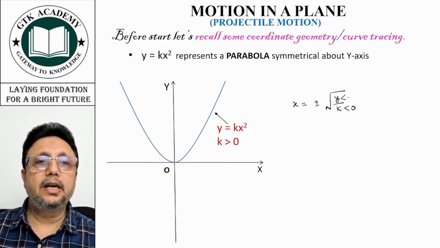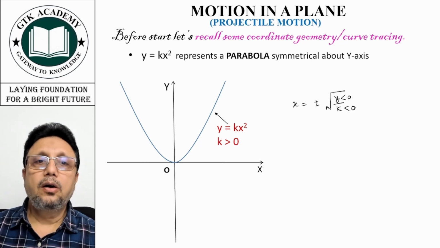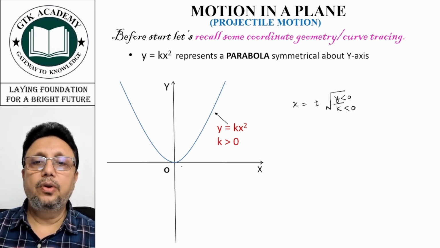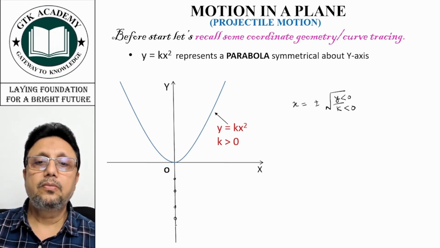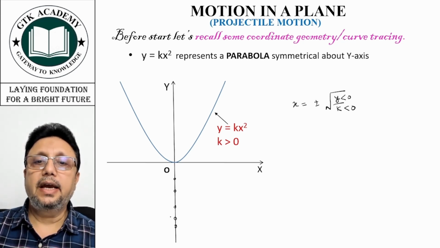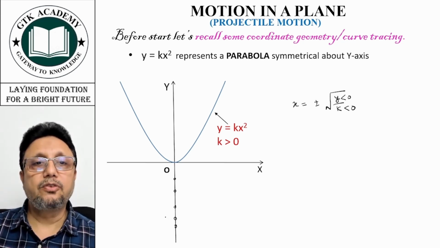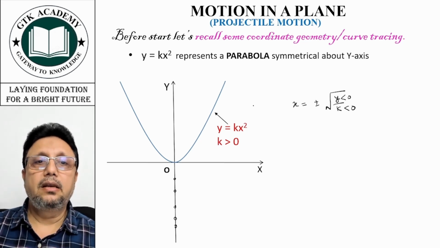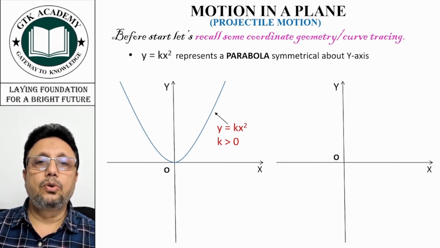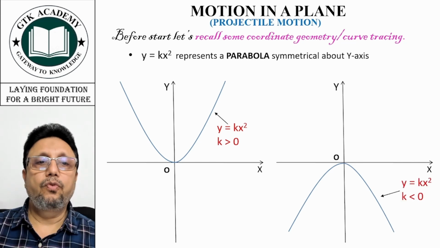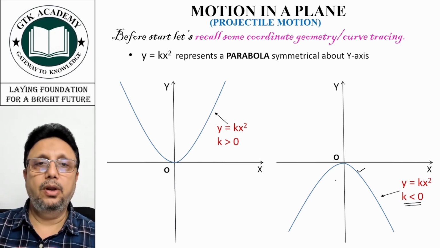So if y is also negative, these two negatives multiplied will make it positive. So y will only take values beneath the x-axis, that is, on the negative side. And so if we have y is equal to kx square when k is negative, this will be the shape of the parabola when k is negative.